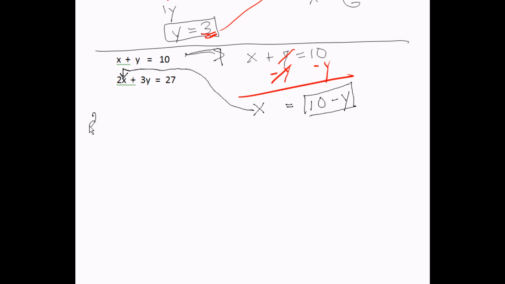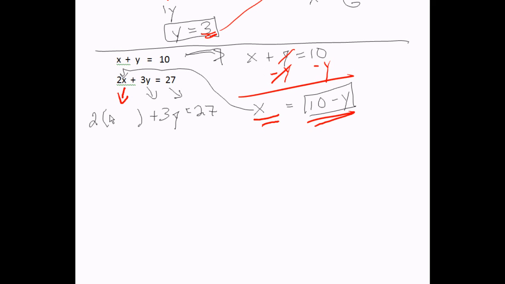So my other equation is 2 times x plus 3y equals 27. And x equals, you see here it says x equals 10 minus y.